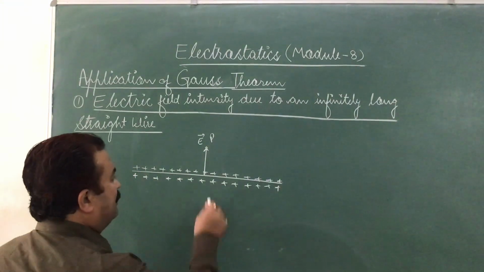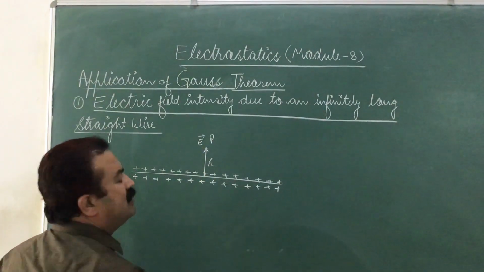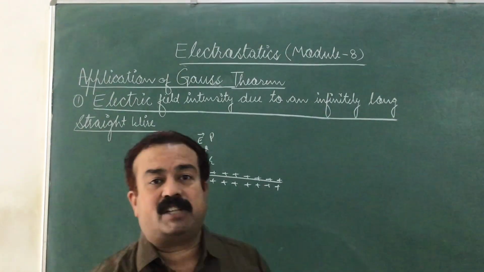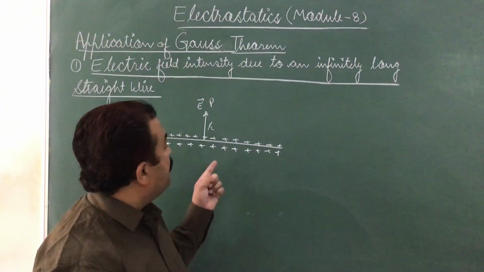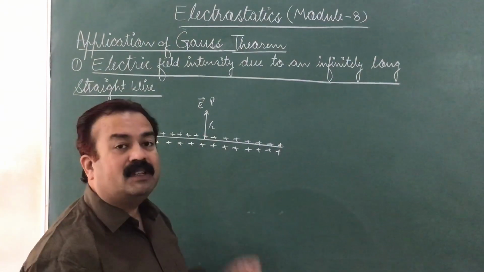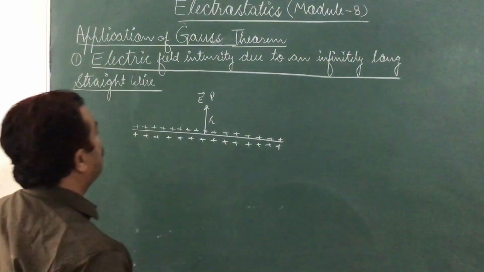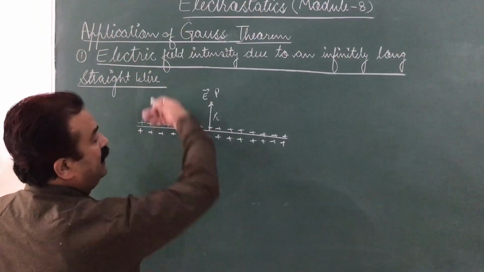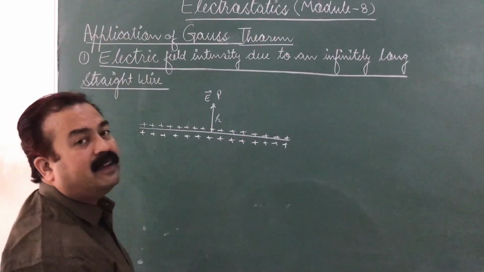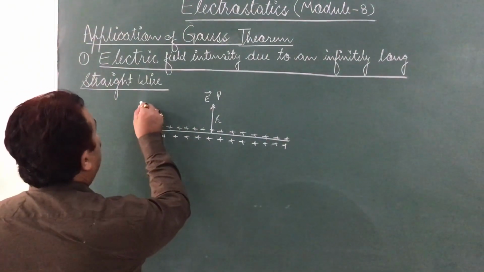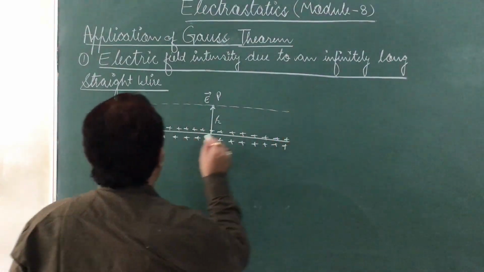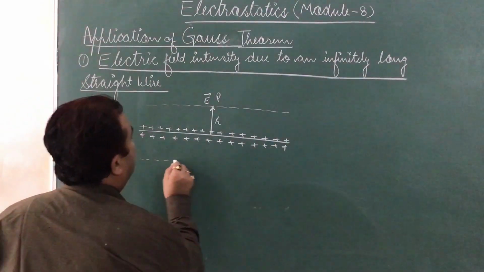Now, you consider a symmetrical shape of closed boundary which is at distance r from this wire. That kind of shape I already discussed, that is having cylindrical shape. So in this manner we have to make a Gaussian surface, and it is just like this.